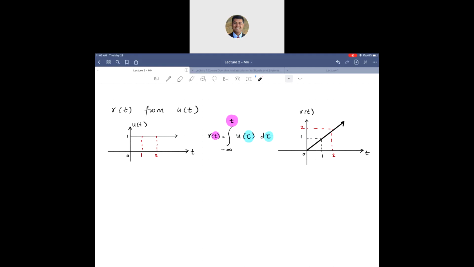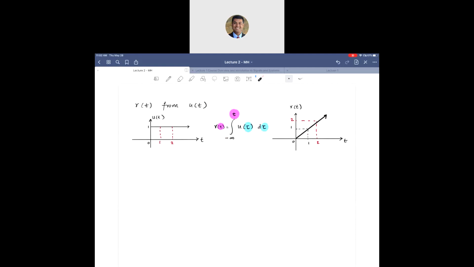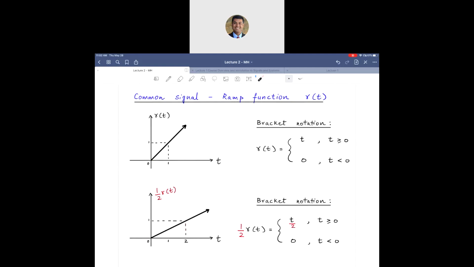There's a question on the chat box. For the second ramp function, shouldn't we have t over 2 but not half of r of t? They are both the same. So in this case, what would I write over here? Let's say this is some x of t. Can I express it in the form of r of t?